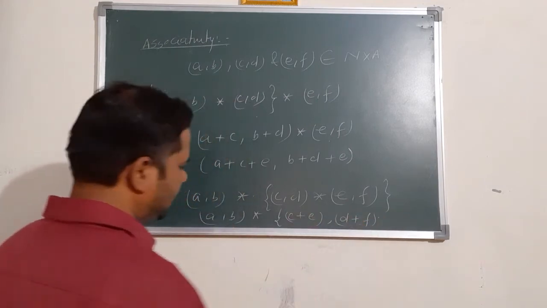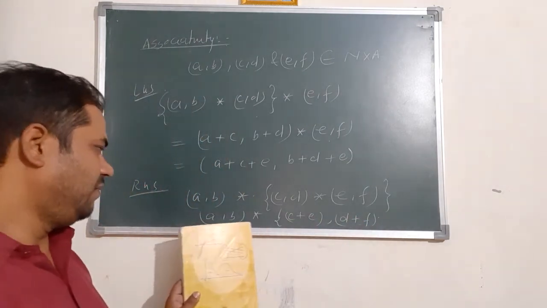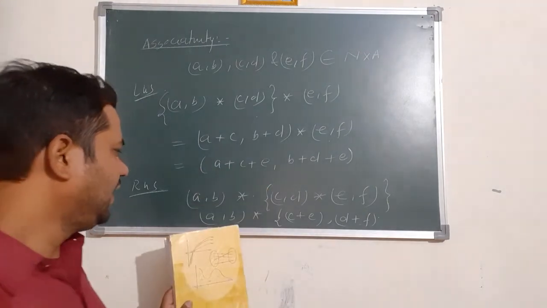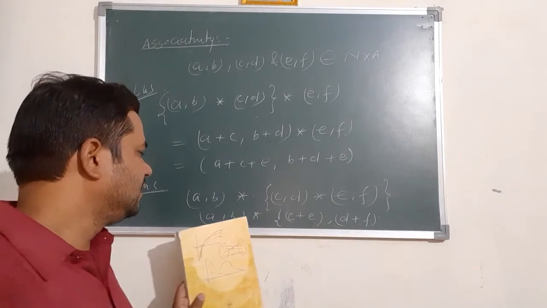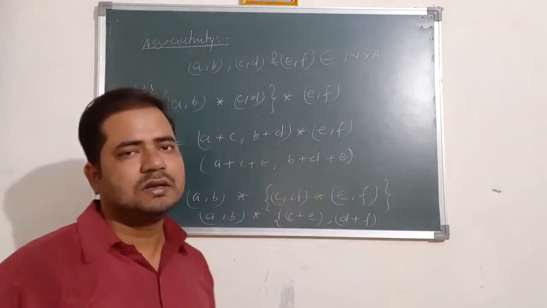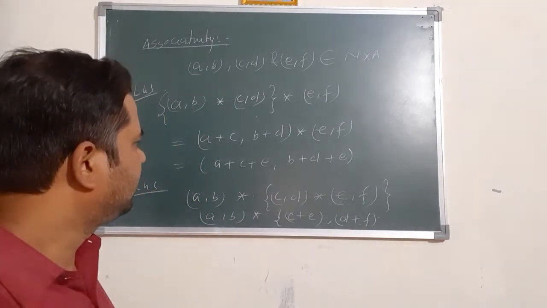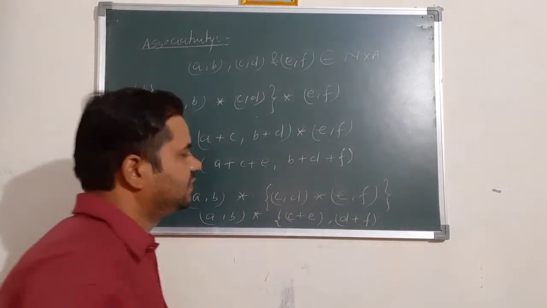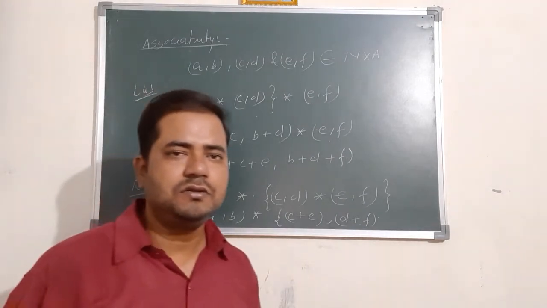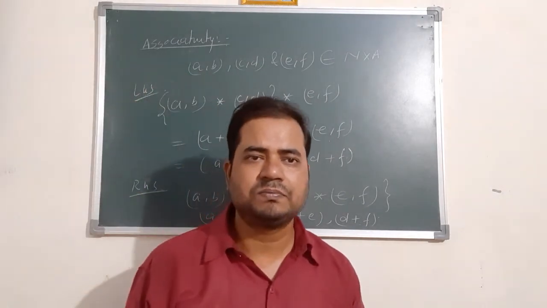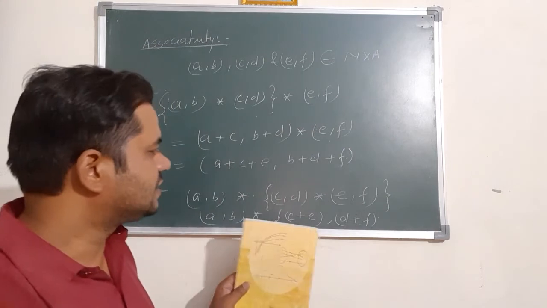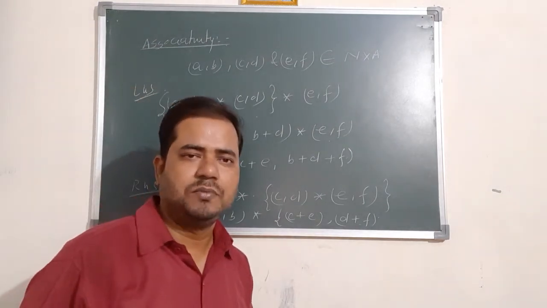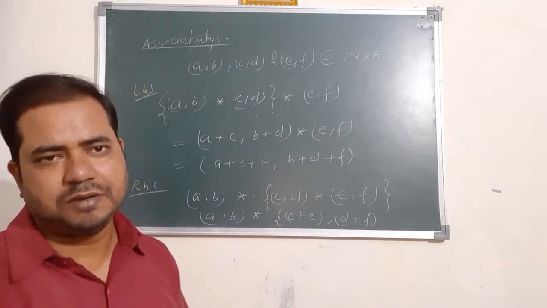And if you operate this again, first and third, a plus c plus e, and second and fourth, b plus d plus f. So LHS must be equal to RHS, so you can say yes, this binary operation is associative also.